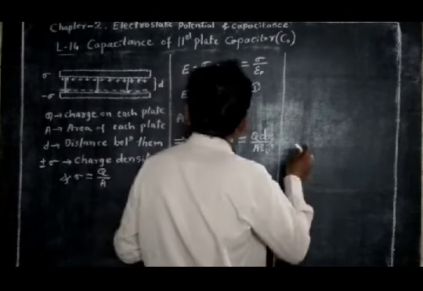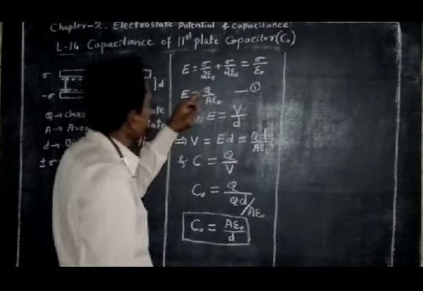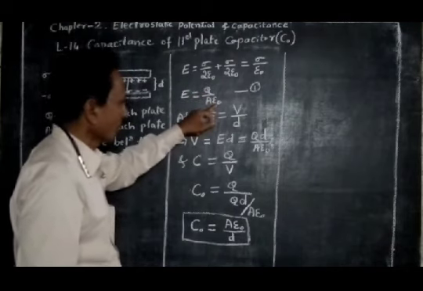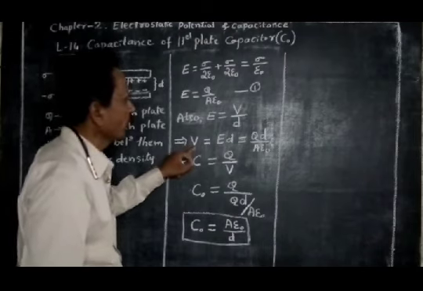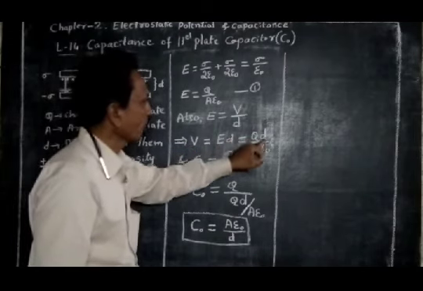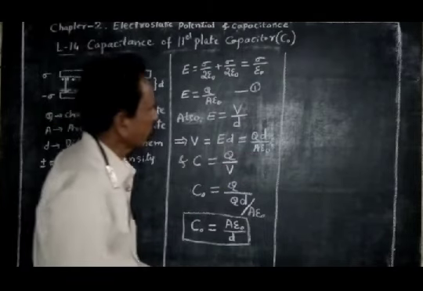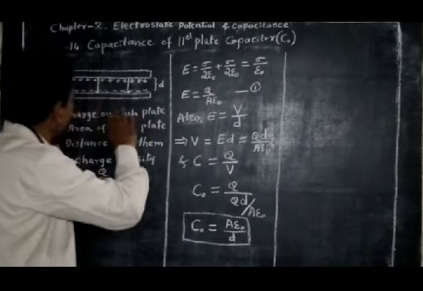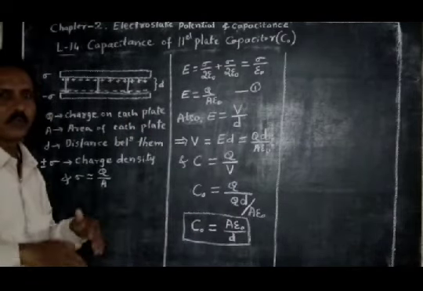here the electric field is given by E equal to Q upon A epsilon naught, and the potential difference is given by phi equal to QD upon A epsilon, if the distance between the two plates is completely filled with dielectric medium.